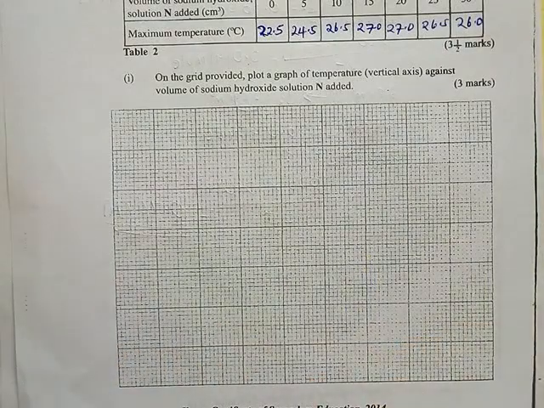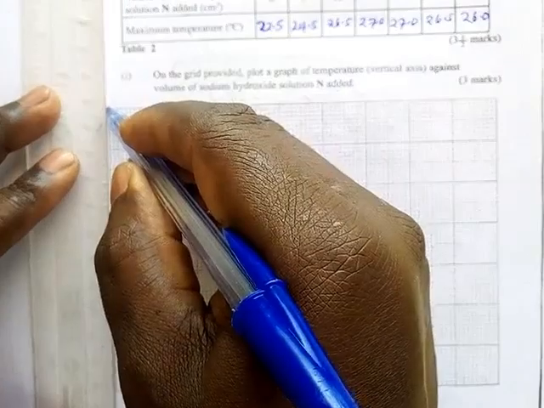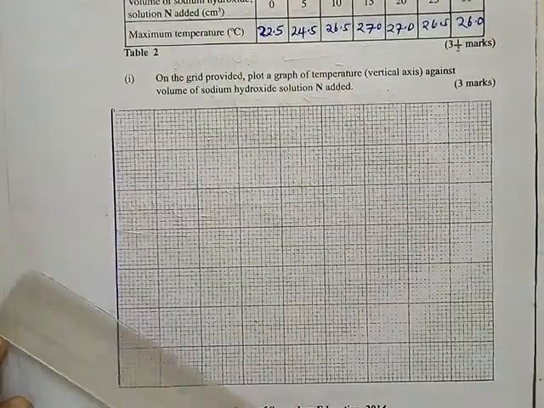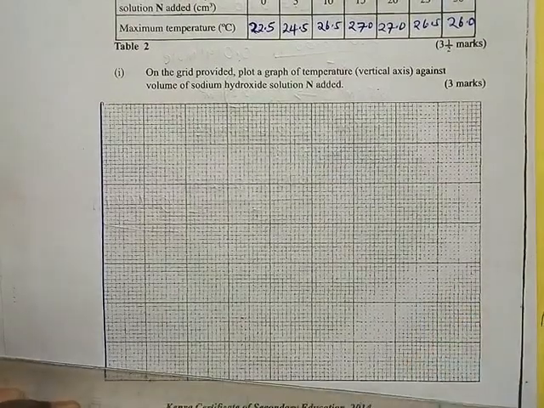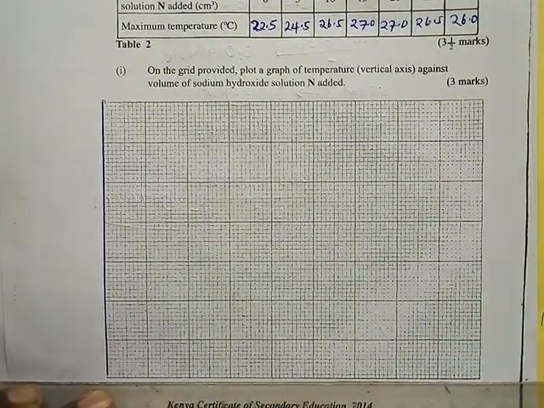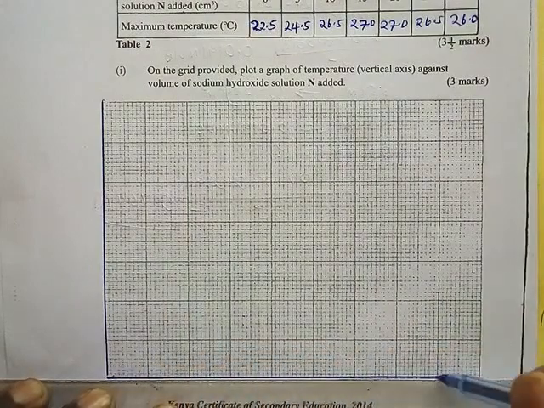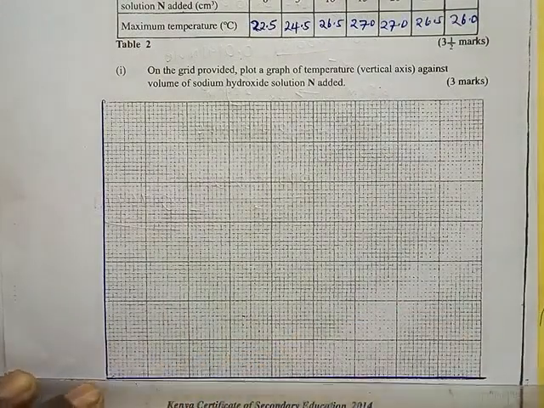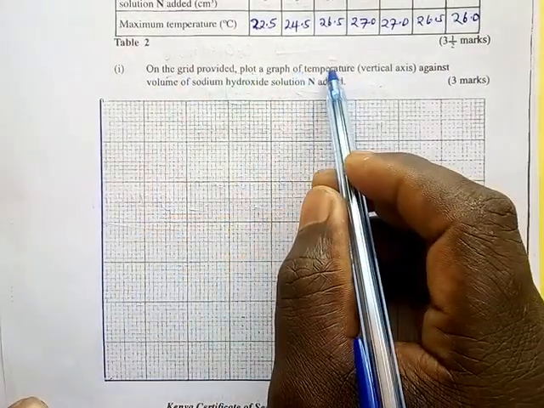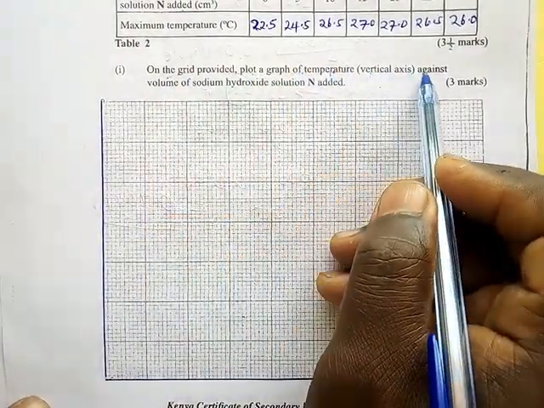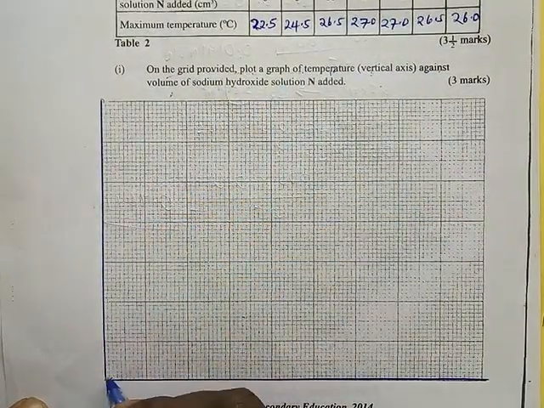Sorry. So I will draw my y-axis, and then my x-axis. I have been asked to plot a graph of temperature on the vertical axis against the volume of sodium hydroxide. So against is the x-axis.